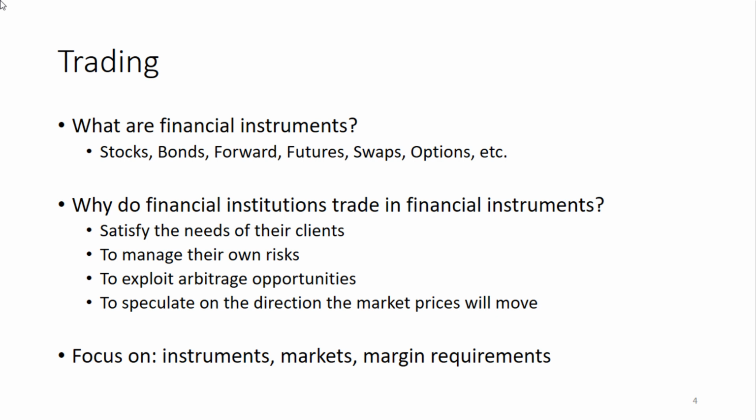Then there are two other reasons why a financial institution may be active in the financial markets. The third reason has to do with arbitrage opportunities that it wants to exploit.